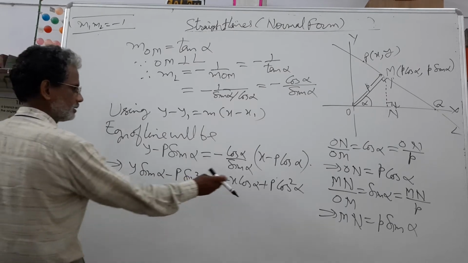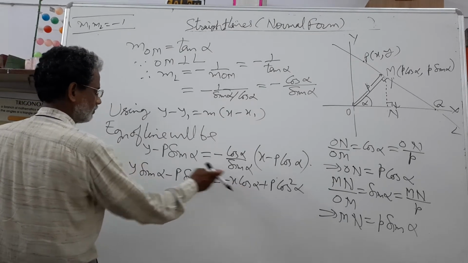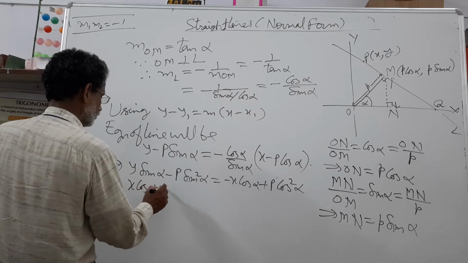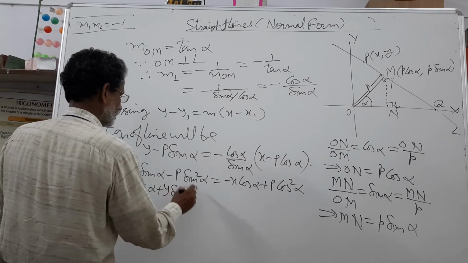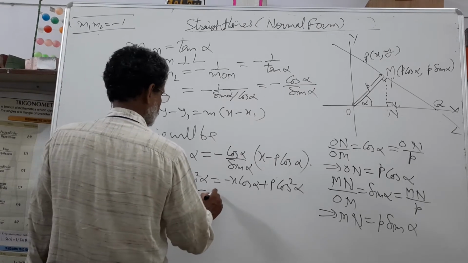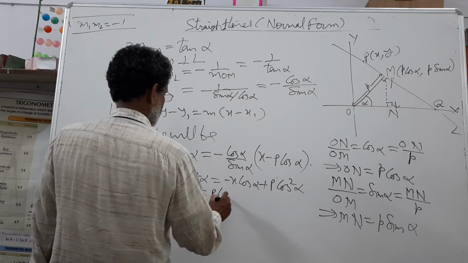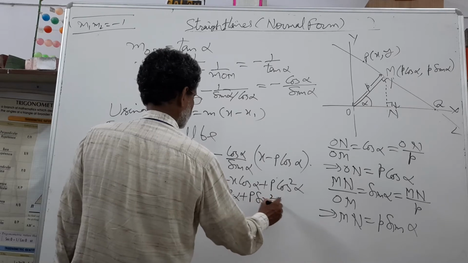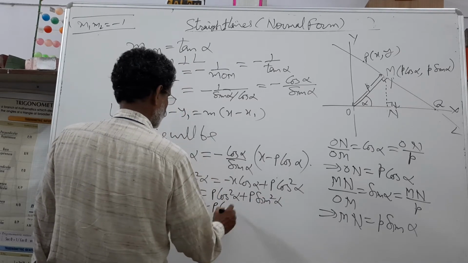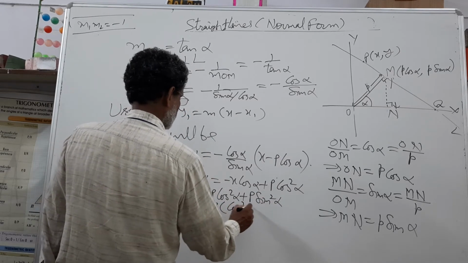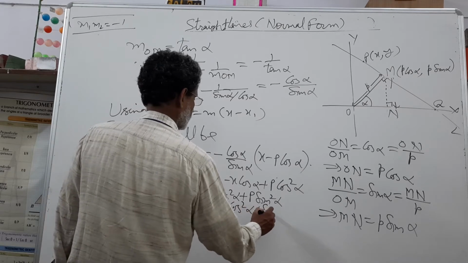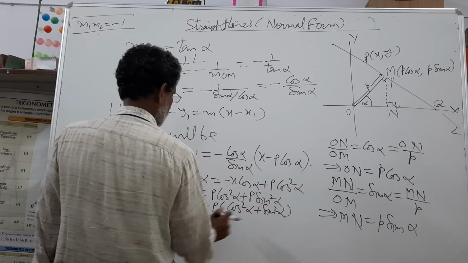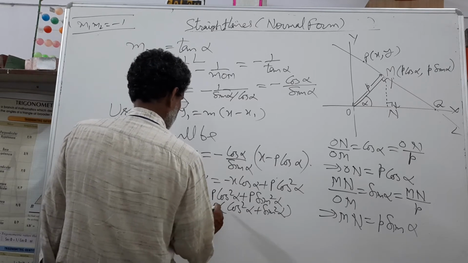This implies, taking x cos alpha to the left side, x cos alpha plus y sin alpha is equal to p cos square alpha plus p sin square alpha, which is equal to, taking p common, p(cos square alpha plus sin square alpha), which becomes 1 by trigonometry.